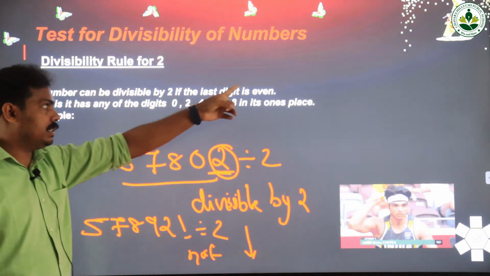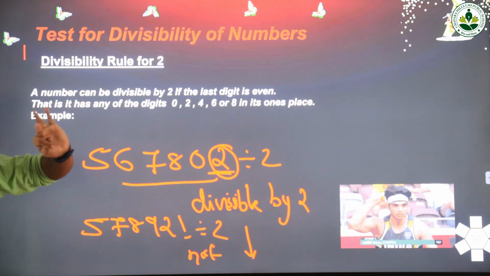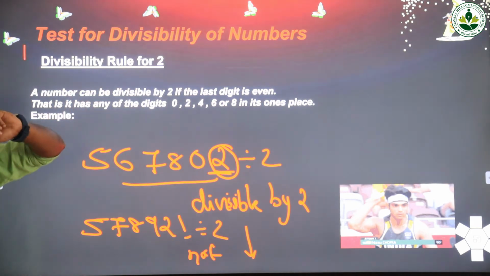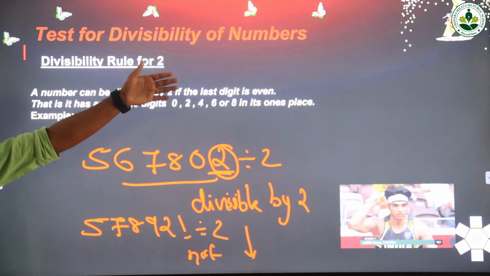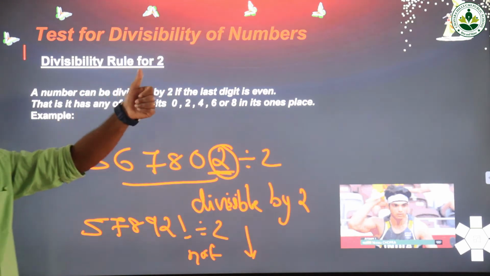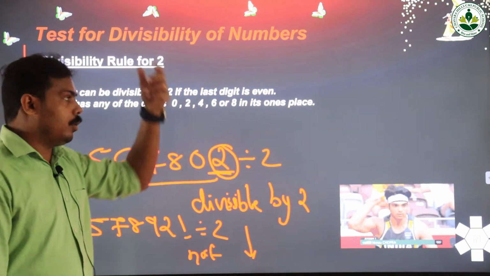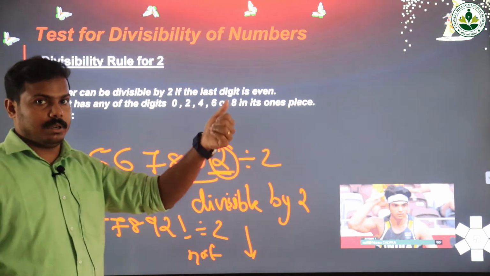Even numbers are 0, 2, 4, 6, 8, 10, 12, etc. If the last digit is 0, 2, 4, 6, 8, then it is divisible by 2. Odd numbers are 1, 3, 5, 7, 9, etc.